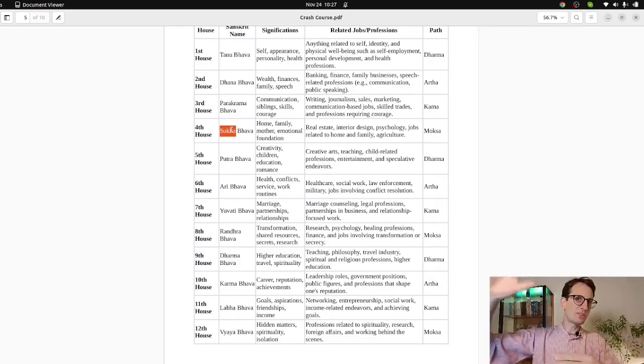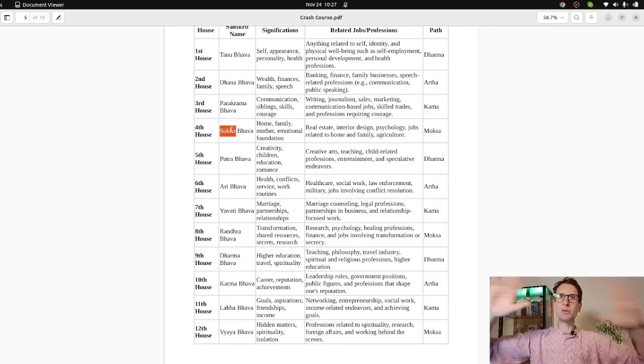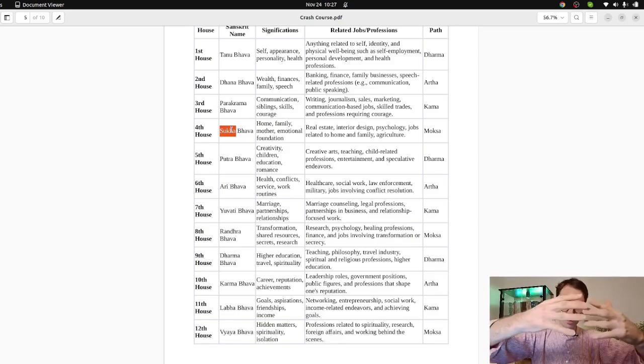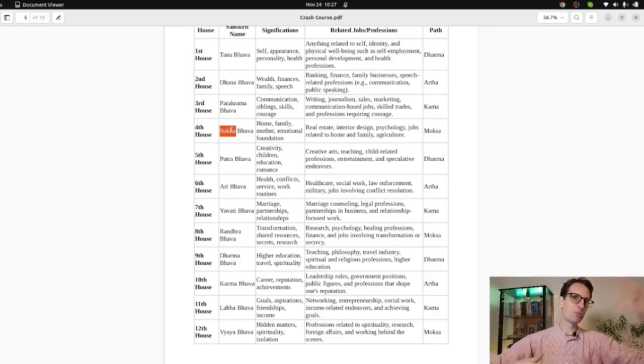Okay, we have said, yes, I want to be happy, I want to be peaceful, I don't want to be confronted with all types of problems, outer problems, inner problems, relationship problems. I don't want all of these. I want to have a peaceful, harmonious life. The 4th house, the pursuit is stated, right?